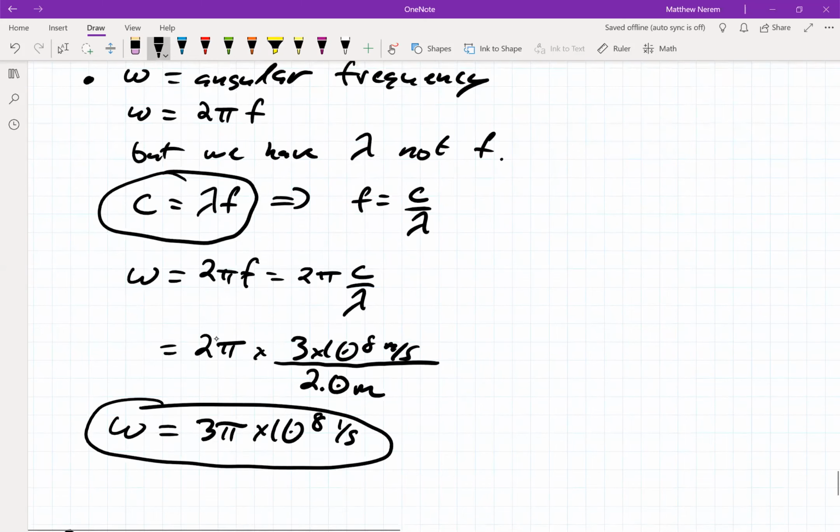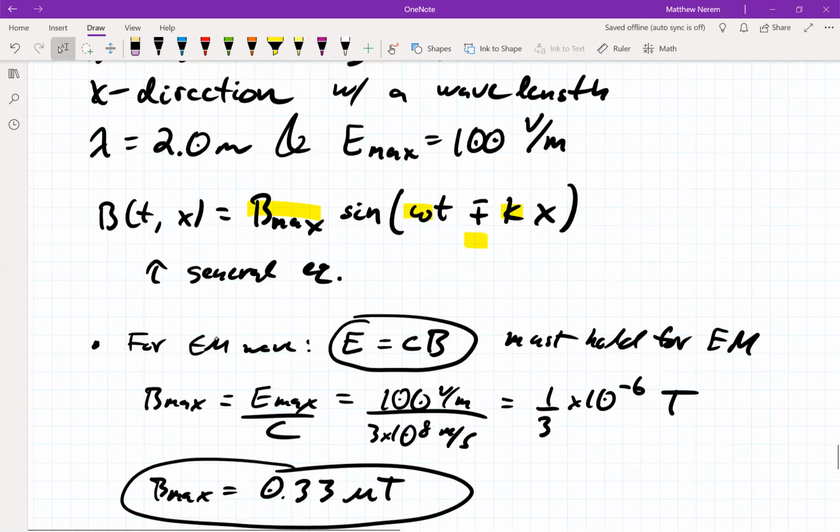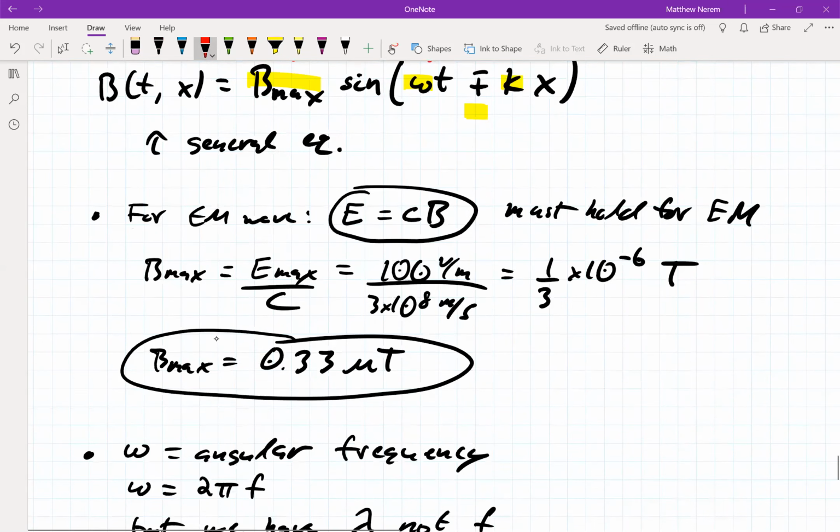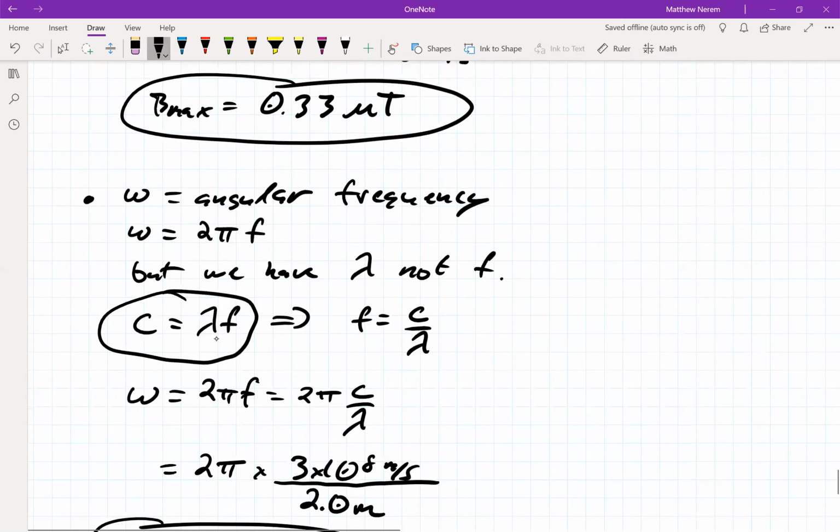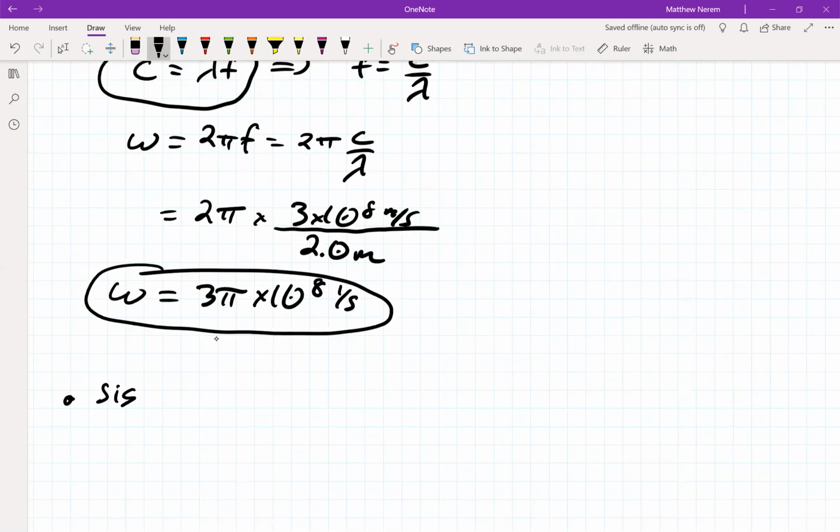So scroll back up, just double check what we have. Done, done. Need the sign. Sorry, it's a minus plus term. This is just a rule you have to remember.